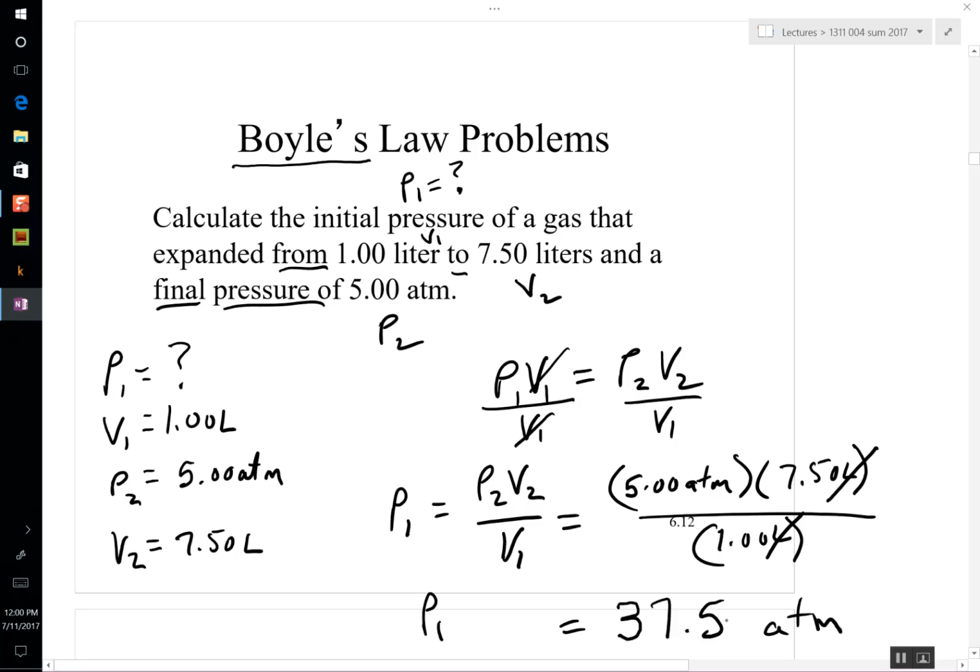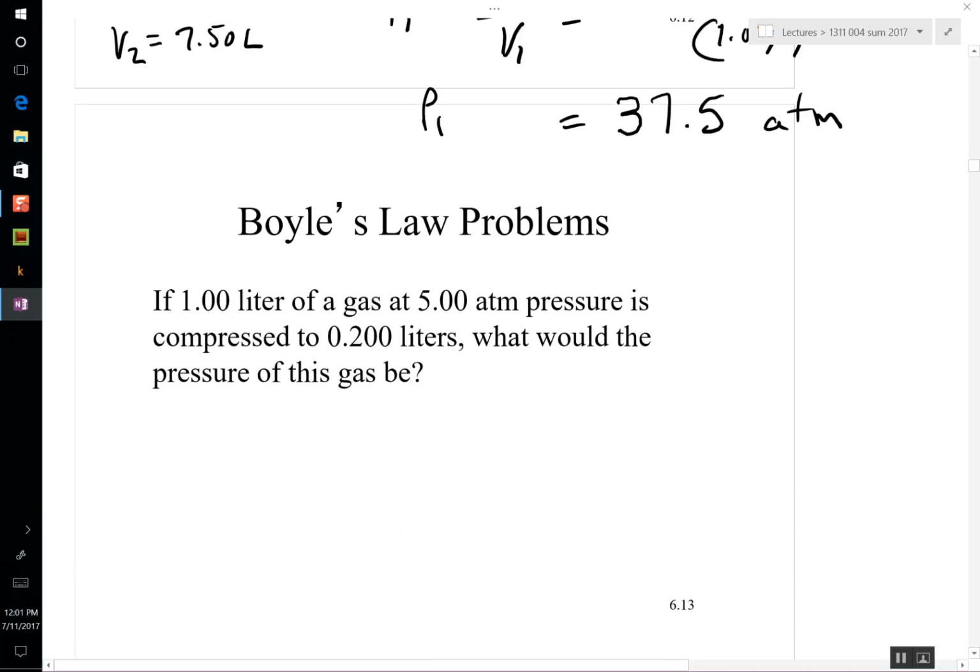All right, 37.5 atmospheres. So initially this was really high pressure, low volume. The pressure decreased to 5 atmospheres. It decreased by a factor of 7.5. The volume increased by a factor of 7.5.